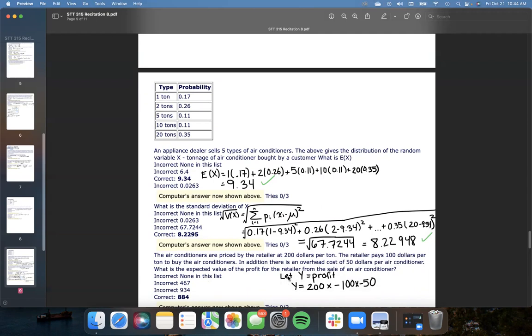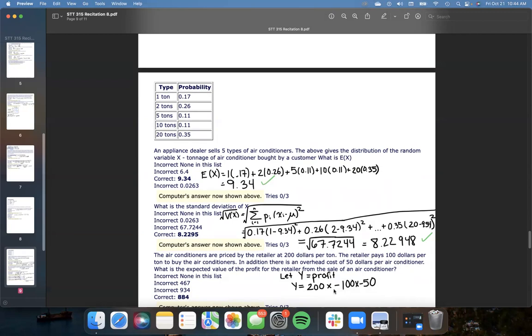So we're going to let Y equal profit. So Y equals 200x, because the air conditioners are priced at $200 per ton. That's how much they're charging their customers. And then minus, the retailer pays $100 per ton.